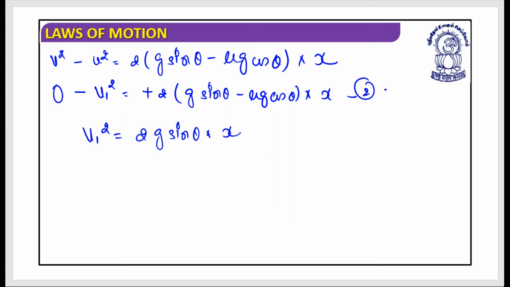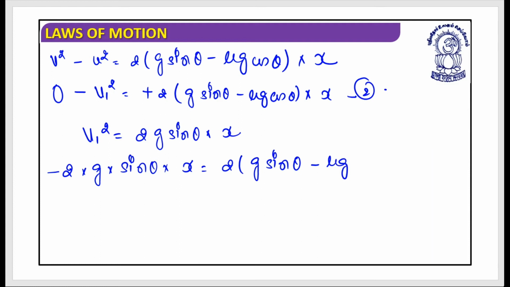So let's just compare this. It's minus 2 into g into sine theta into x. This is equal to 2 into bracket g sine theta minus mu g cos theta into x. This x and 2 could be cancelled. So this is minus g sine theta.